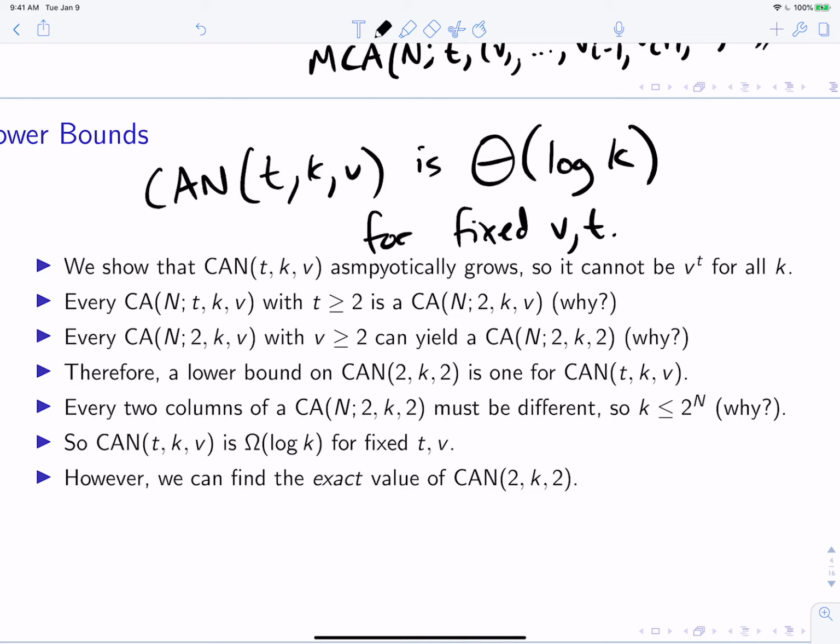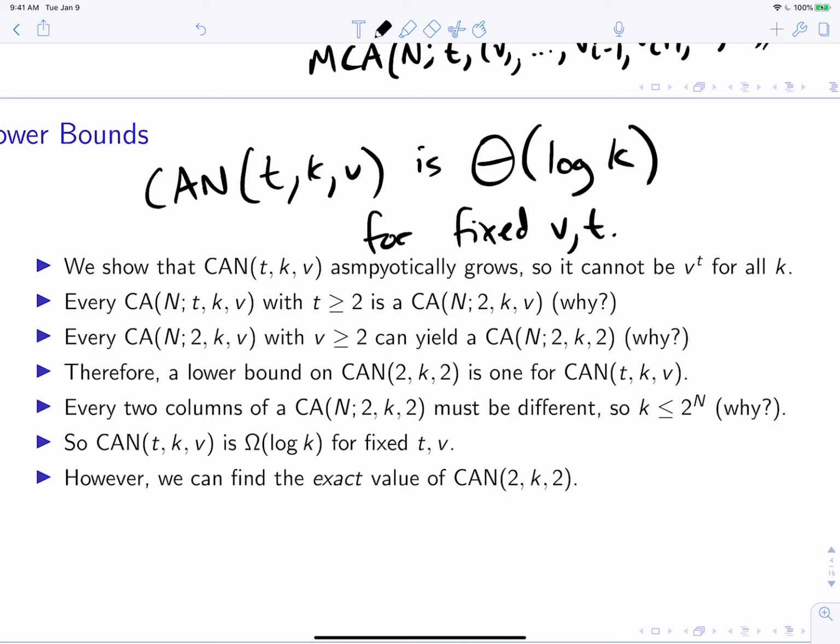Big O notation. Okay, so hopefully you all know that. We'll show this in several stages and in several ways. But if I tell you the number of symbols and the strength and fix those so that they are constants in some sense, then what happens to the growth rate of CAN(t, k, v)? If I make the number of columns large, it turns out to be logarithmic in k.